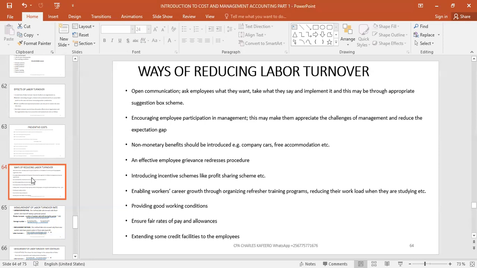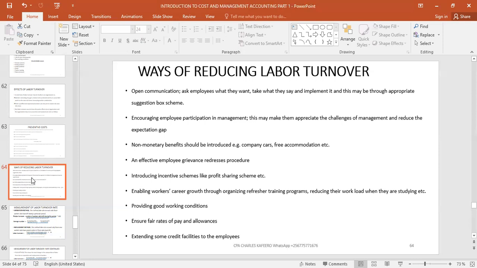The second last, we can talk about providing good working conditions. If you provide good working conditions, as I've explained, people will stay in the organization. You can talk about fair pay, increasing their salaries and allowances. These days, some organizations even extend credit facilities to their employees.